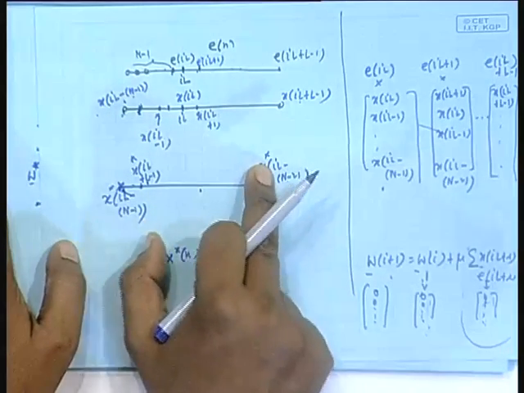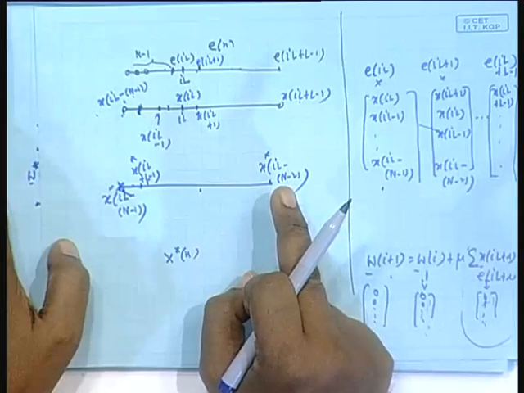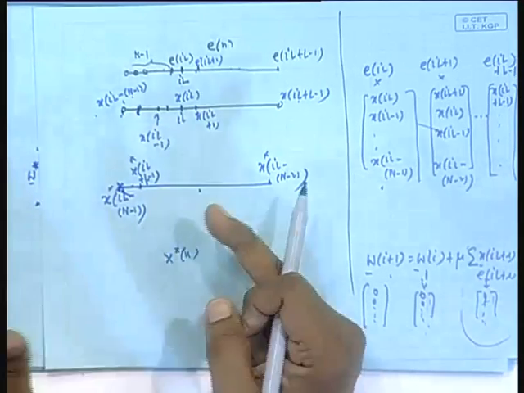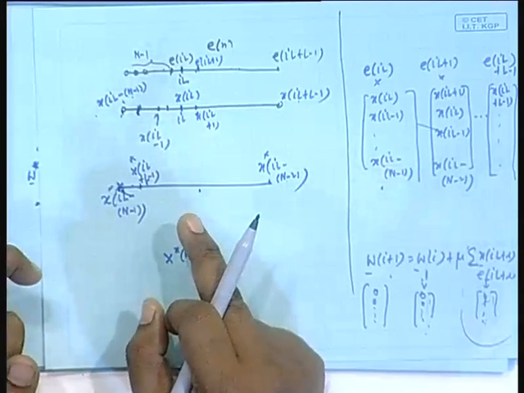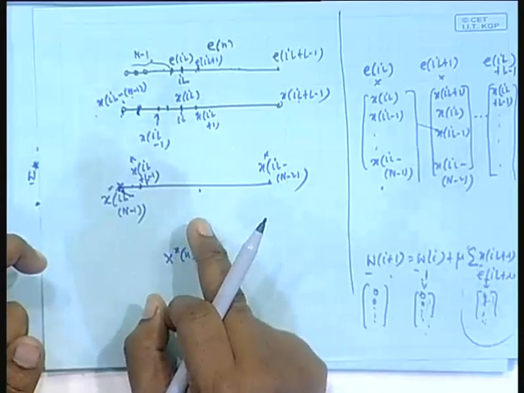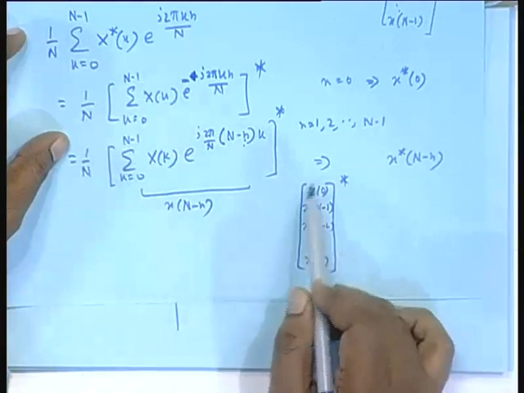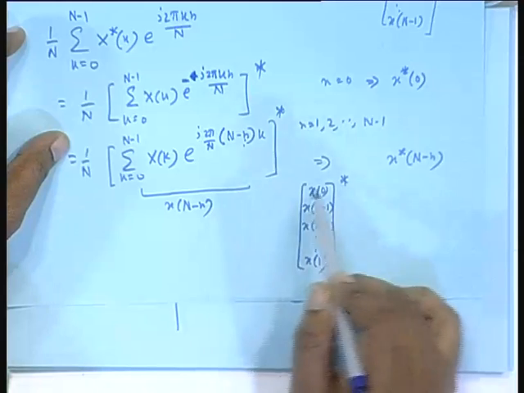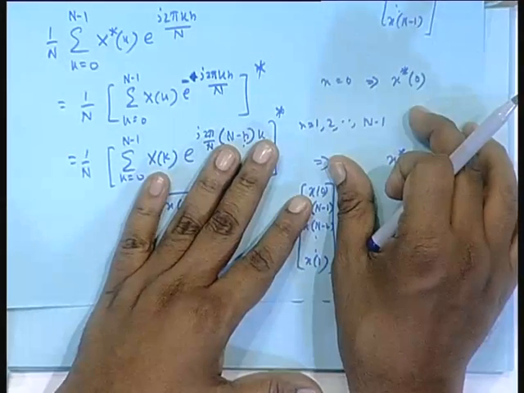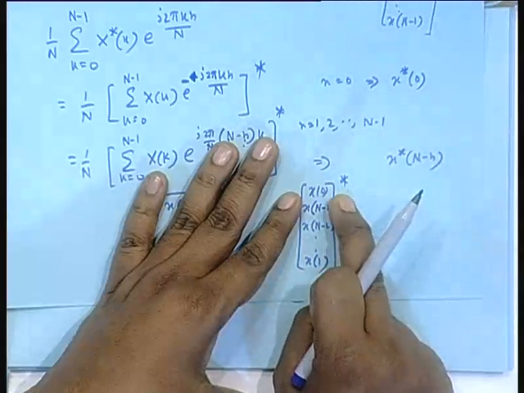With the star and the flipped version, if you take the DFT, then you get X star k. Earlier I bypassed that, saying that the data is real, so conjugating the data has no meaning. But when the data is complex, you remember I proved that if it is X star k, the corresponding data vector is not just the flipped version; there is a conjugate sign also. That time I took real data, so I found this has no use. But in the actual case, when this is complex, there is a conjugate here.